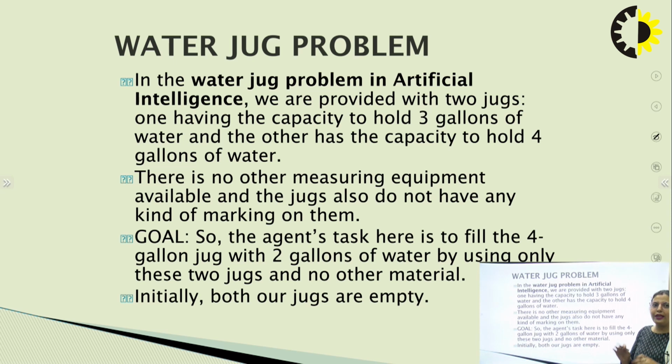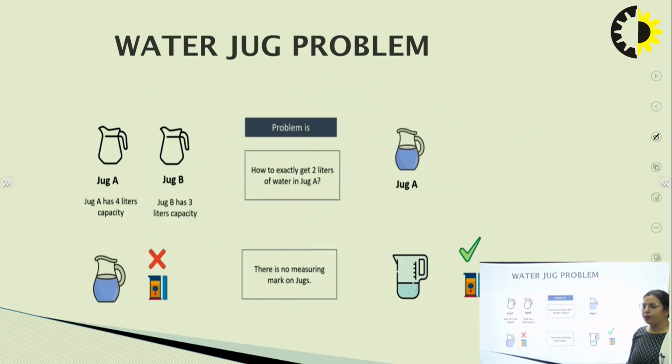No other external material is needed. Initially you can fill both jugs. Here we have jug A with 4 liter capacity and jug B with 3 liter capacity, and we have to fill jug A with 2 liters of water. And the main problem is that there is no measuring scale on it.